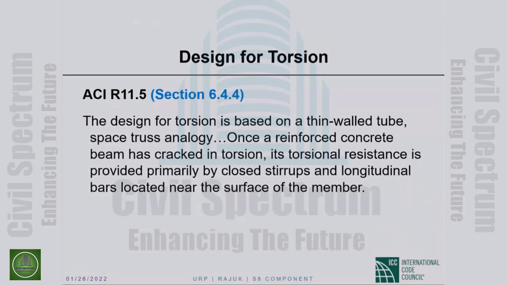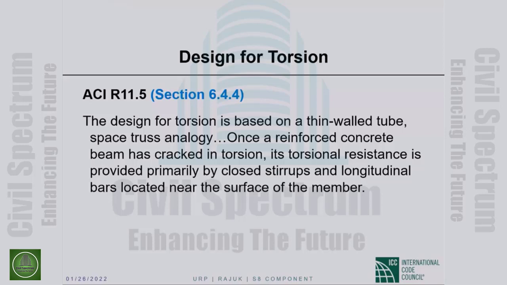Once a reinforced concrete beam has cracked in torsion, its torsional resistance is provided primarily by closed stirrups and longitudinal bars located near the surface of the member. The word closed here is very important, and we will discuss it later.